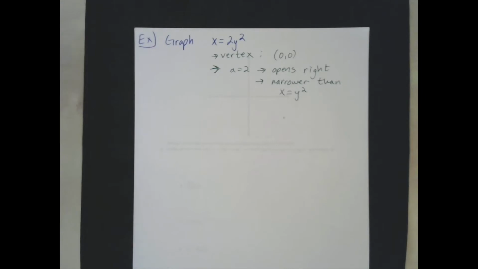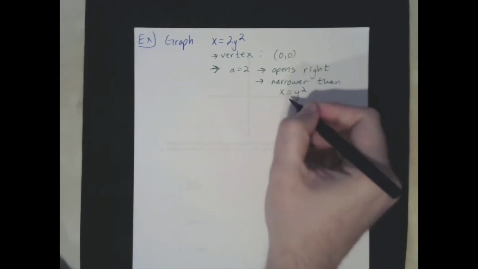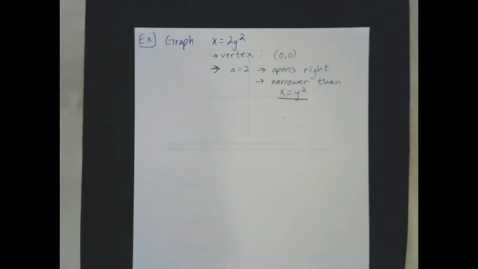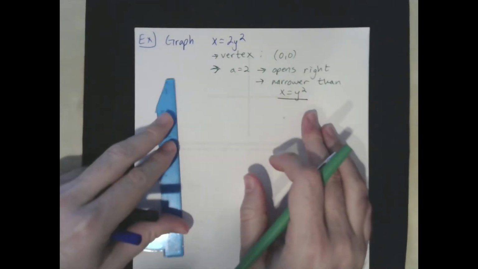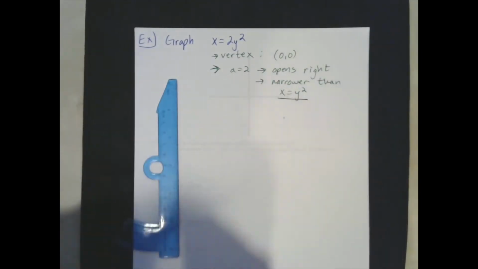So let's start this graph by first graphing x equals y squared. And we could talk about a nice way to graph that conic. So we need to give ourselves some axes. Now, because we're opening to the right, I don't need a lot of negative x's.